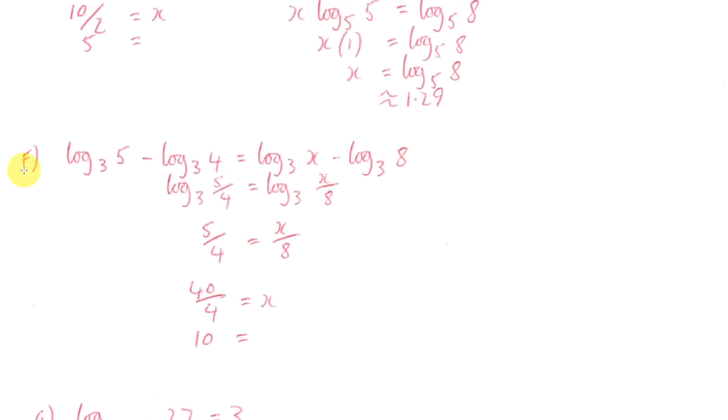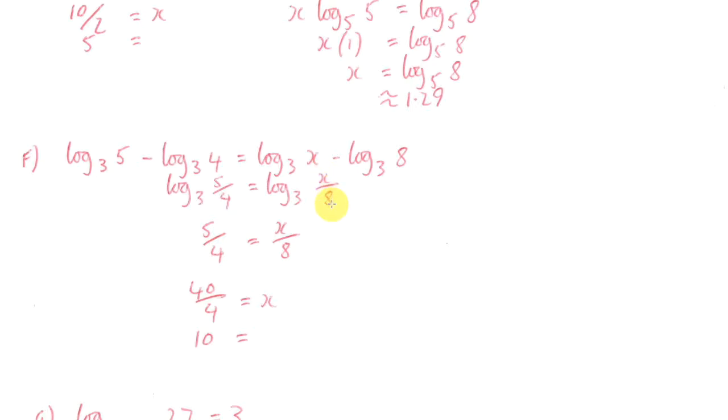F. You can see I've got log base 3's in each of these terms. Firstly, let's combine the left and then the right. So log base 3 of 5 minus log base 3 of 4 will become log base 3 of 5 divided by 4. And log base 3 of x minus log base 3 of 8 will become log base 3 of x on 8.